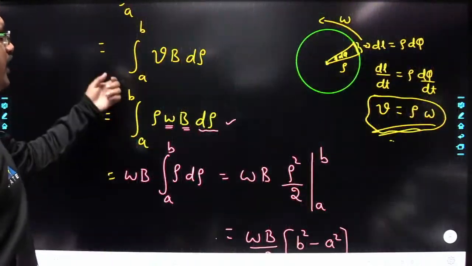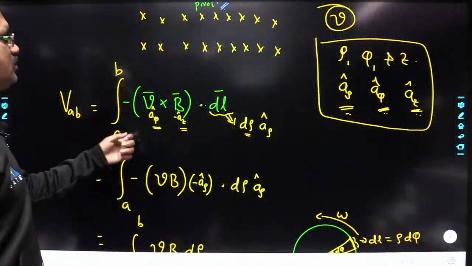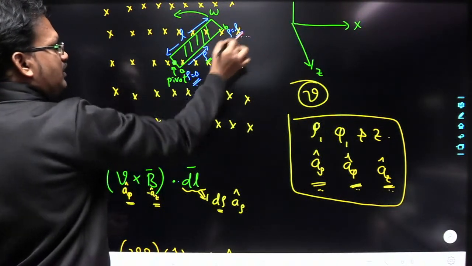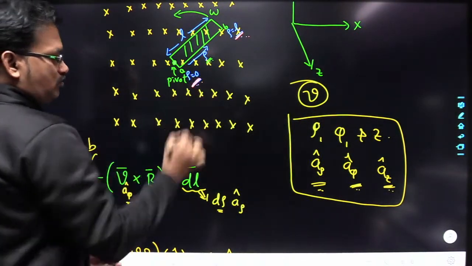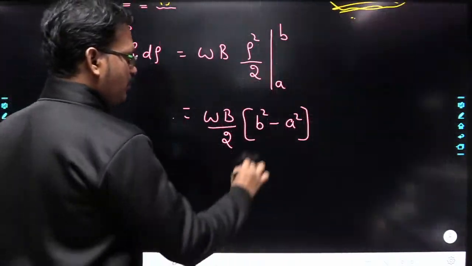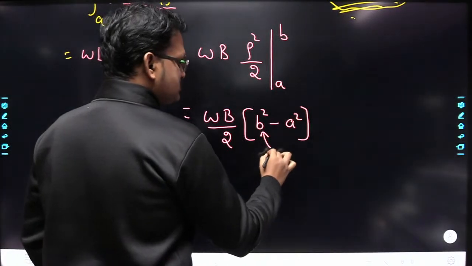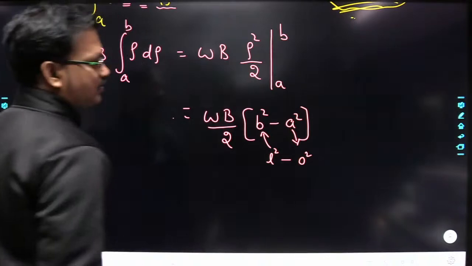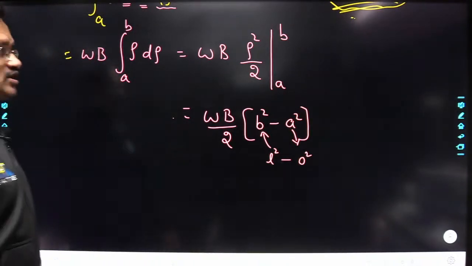Now at point B, the rho value is L, and at point A the rho value is equal to 0. Yes or no? So at point B the rho value is L, that is L square you are going to get, and A value is 0, that is 0 square. You are substituting the values of rho.